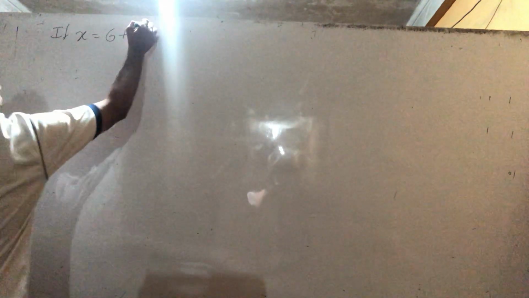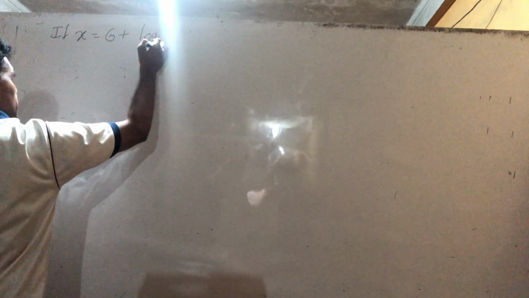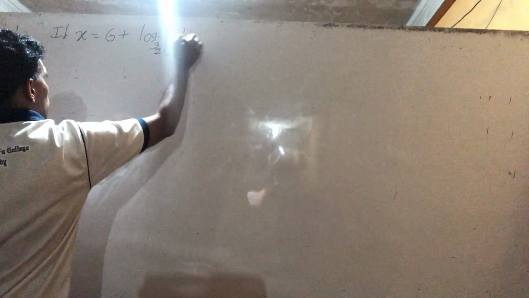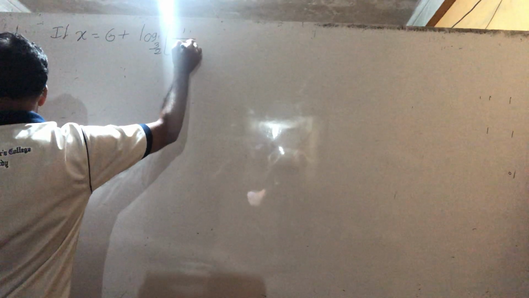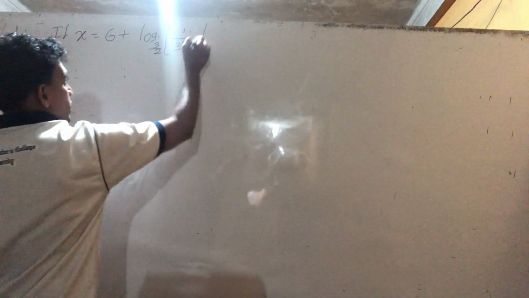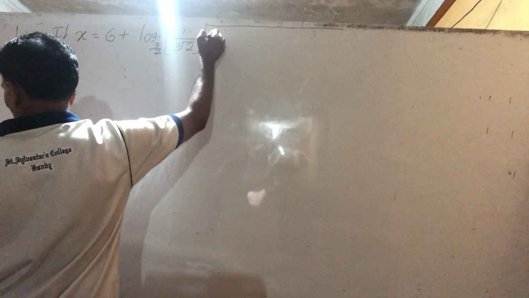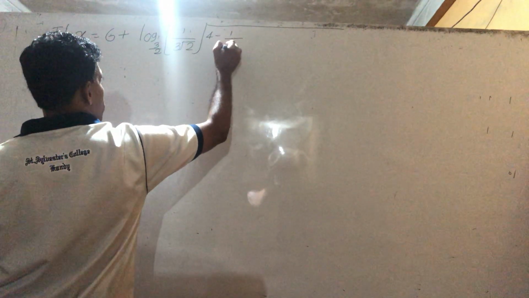Third question, solving a logarithm problem. So if x equals 6 plus logarithm base 3 over 2 and 1 over 3 root 2, with the square root extended to infinity like that. 4 minus 1 over 3 root 2.